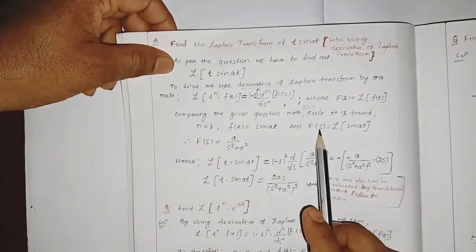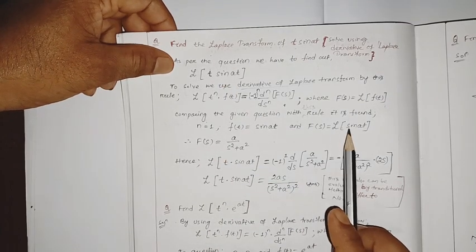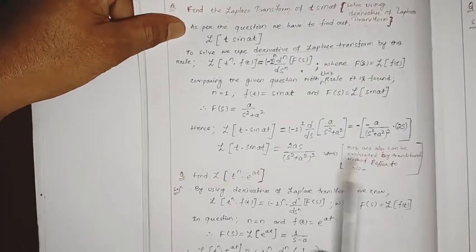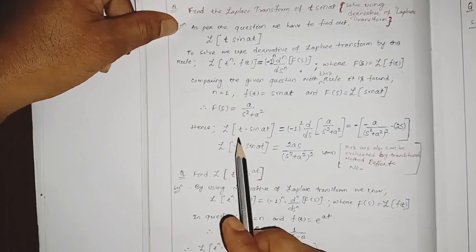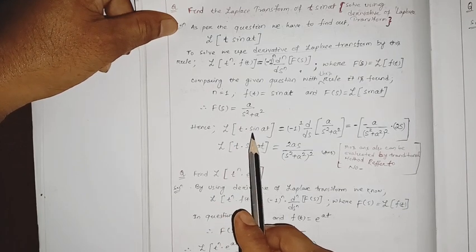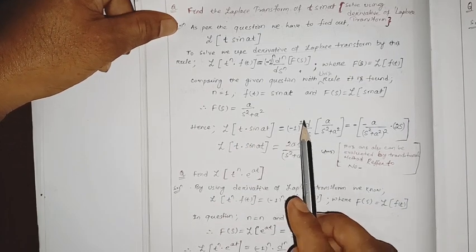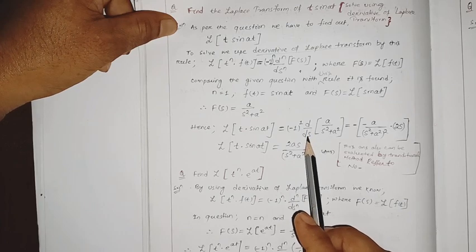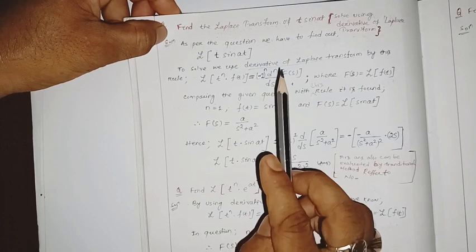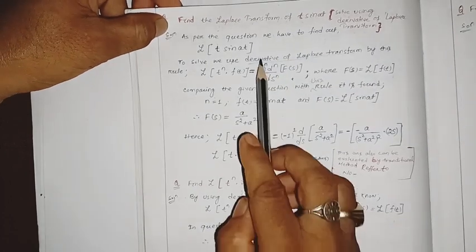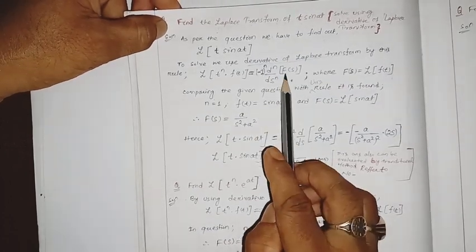So capital F of s, which is the Laplace transform of sin at, we know is a by s square plus a square. So hence Laplace transform of t into sin at will be minus 1 to the power n d by ds of, here n equal to 1 means we are going to consider only the first derivative. So minus 1 to the power 1, first derivative of F of s.